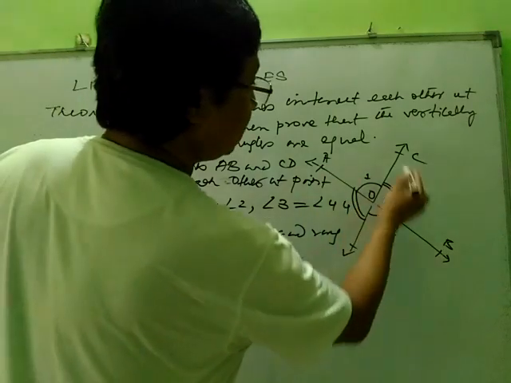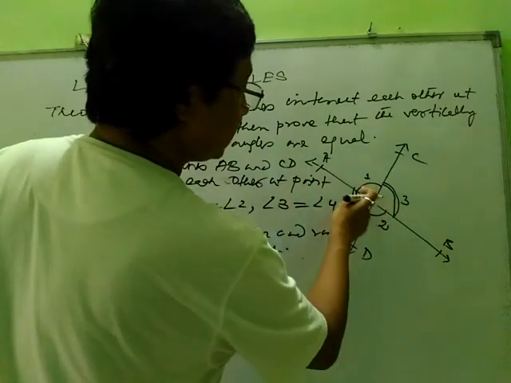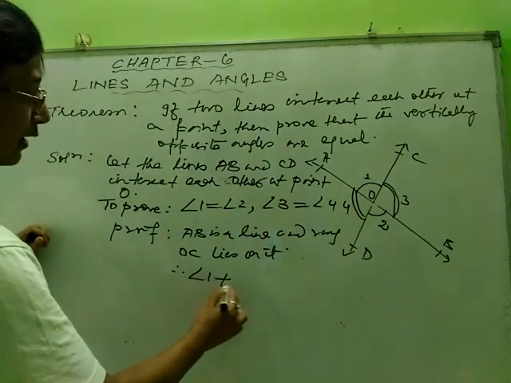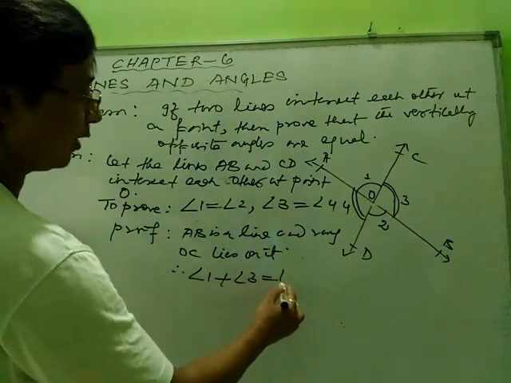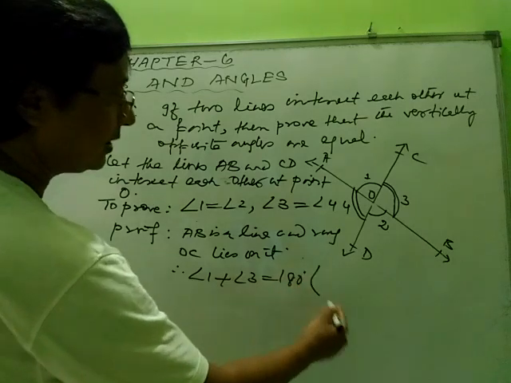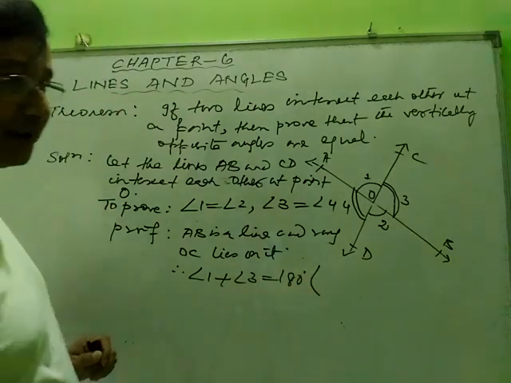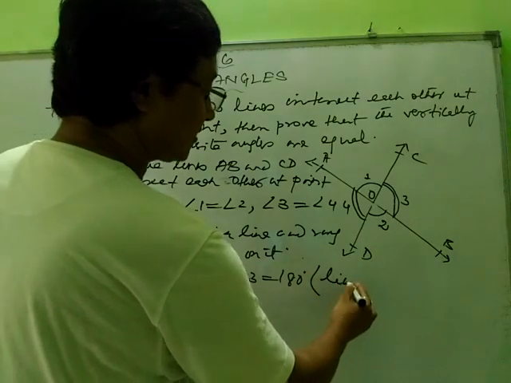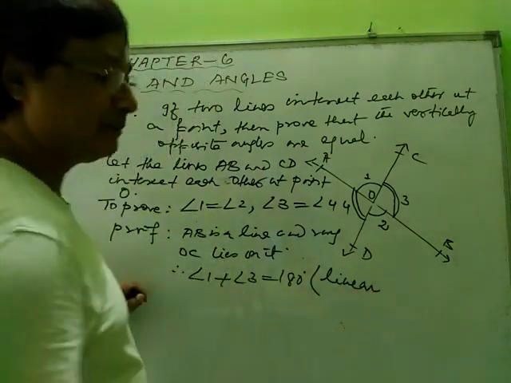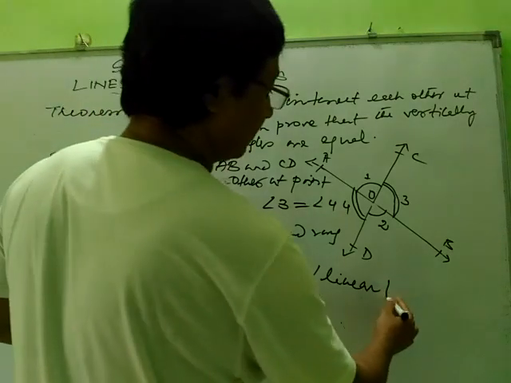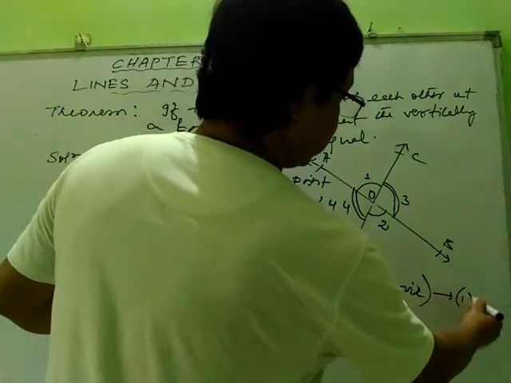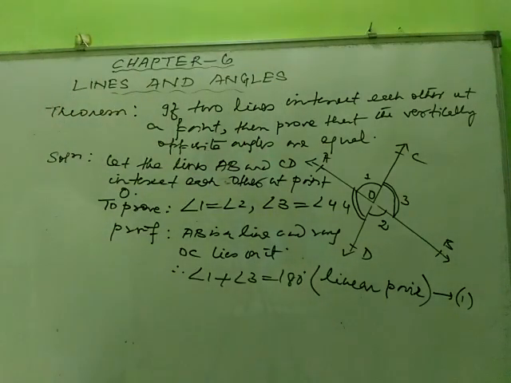So angle 1 plus angle 3 equals 180 degrees. Now you will tell the reason also. Reason is a must. This will be called linear pair. Linear means the straight line. Let us put this as equation number 1.